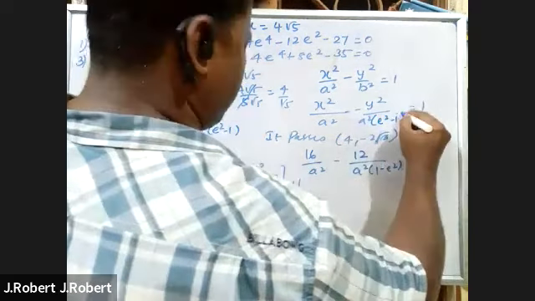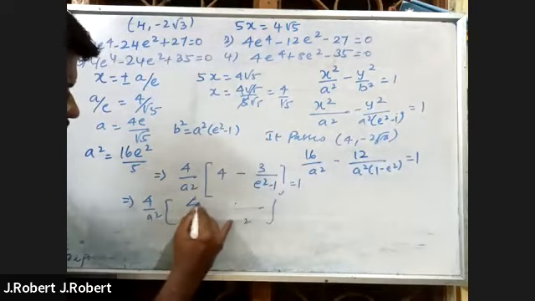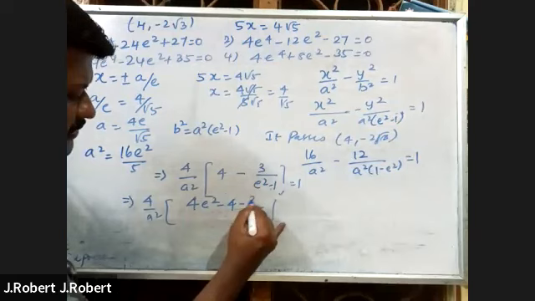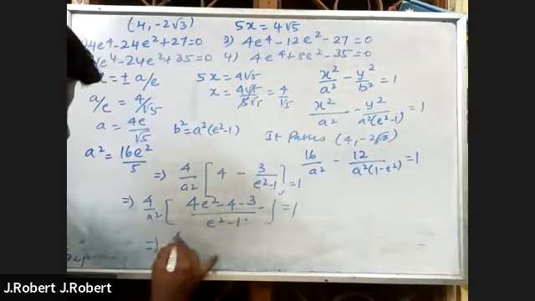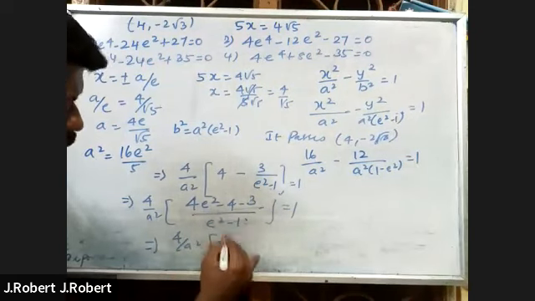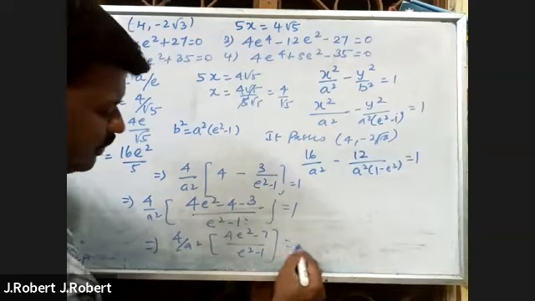So we get 4 by a square into 4 e square minus 7 divided by e square minus 1 equals 1.